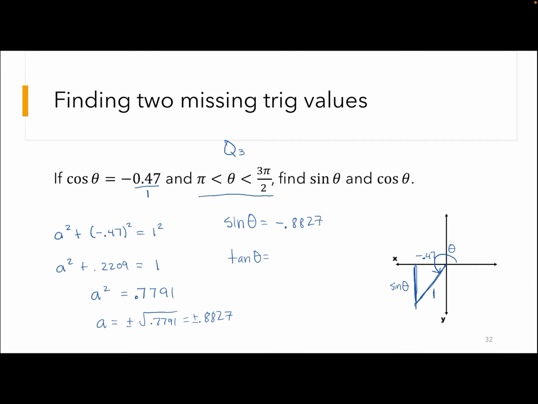So it's -0.8827 divided by -0.47, which is probably close to 0.4 or a half. So 0.8827 divided by 0.47 is, I was way off on this, and I teach math for a living. That's 1.88. I did it the other way, I did 0.47 divided by 0.88. So 1.88 is the tangent value.